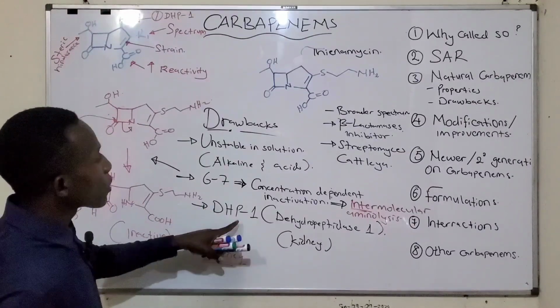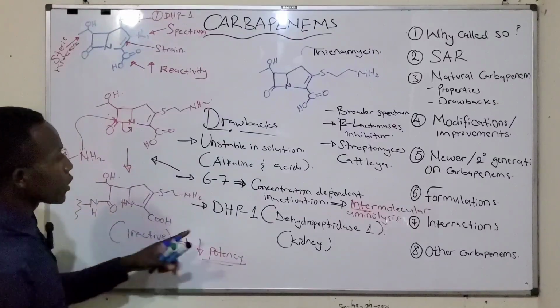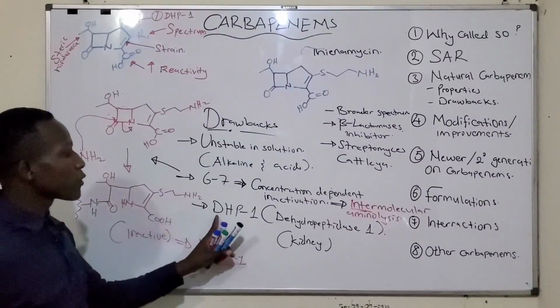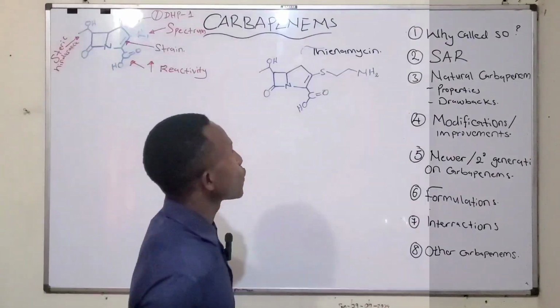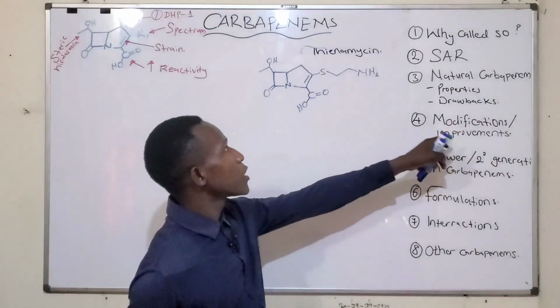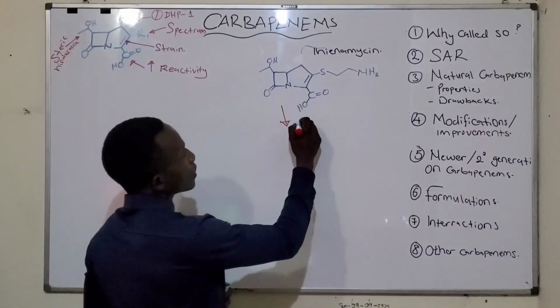Now, we want to see the modifications which were made to improve this effect, and also what was done to improve this DHP-1 degradation. For the modifications or improvements which were made on thienamycin, they came up with imipenem.